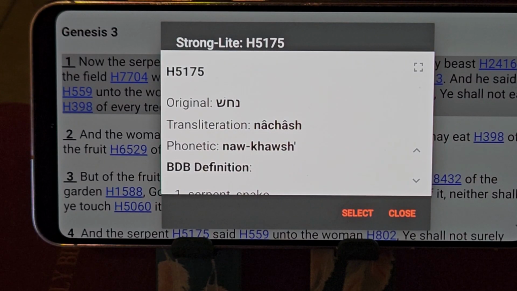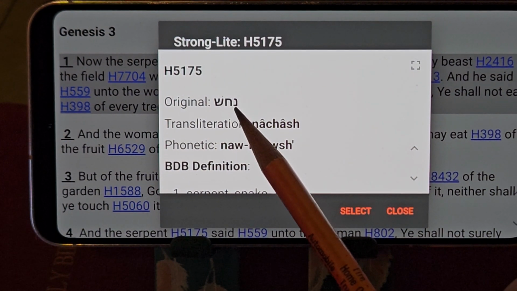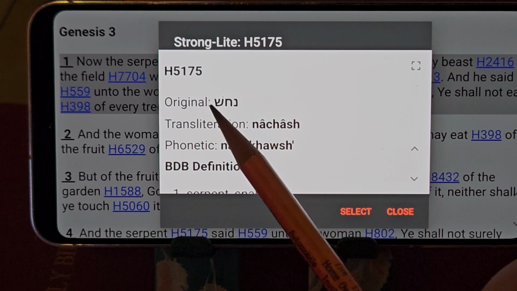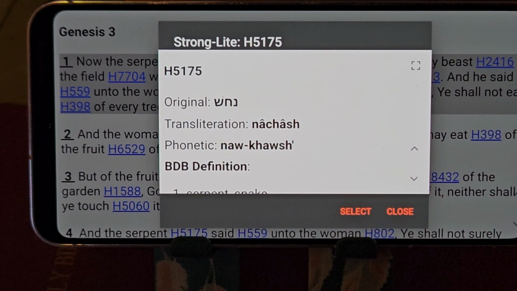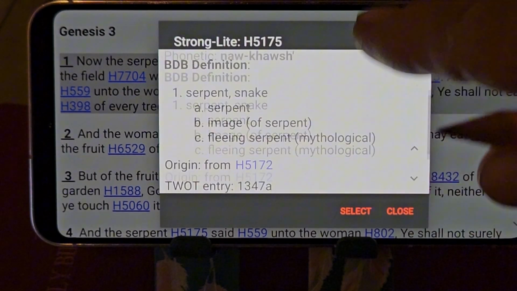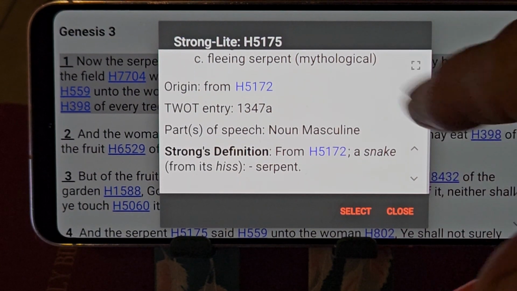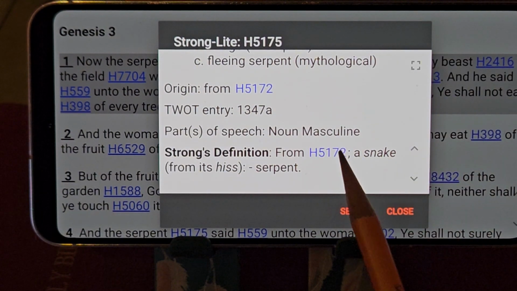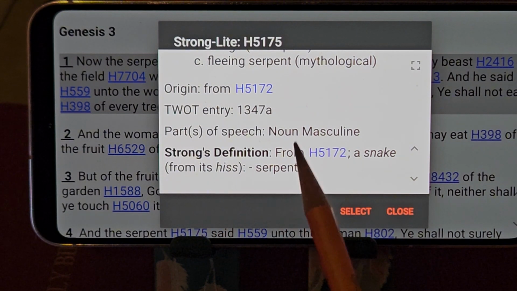The word serpent comes from the Hebrew word Nun, Chet, Shin, Nachash, meaning snake or serpent, and it comes from the word to hiss.